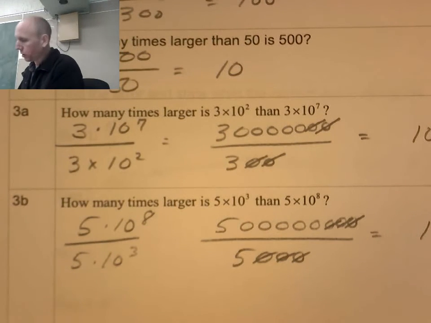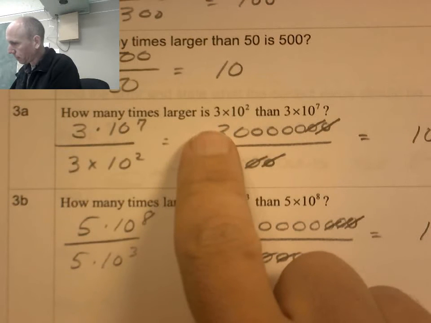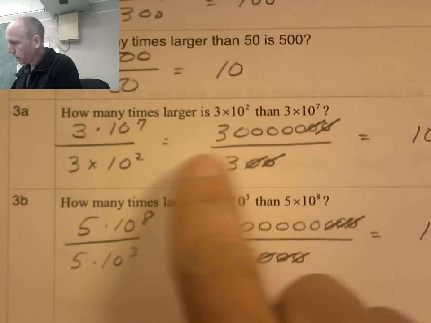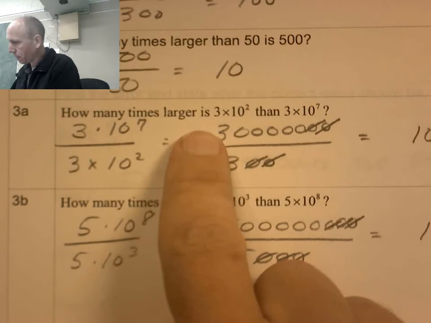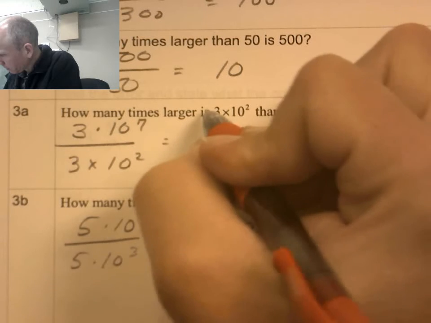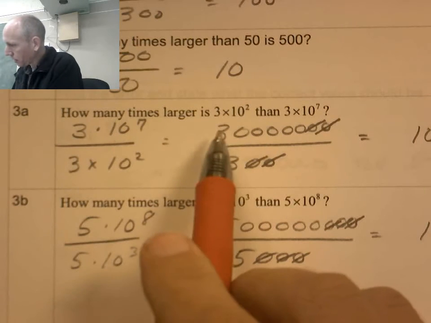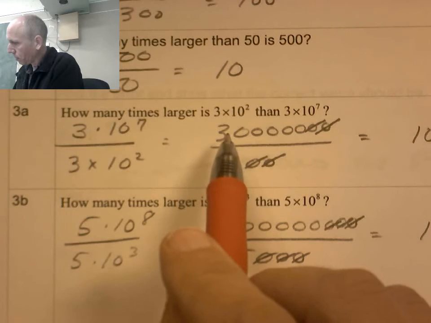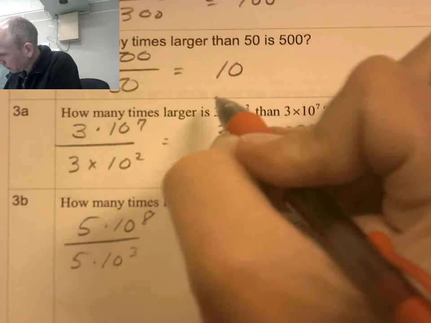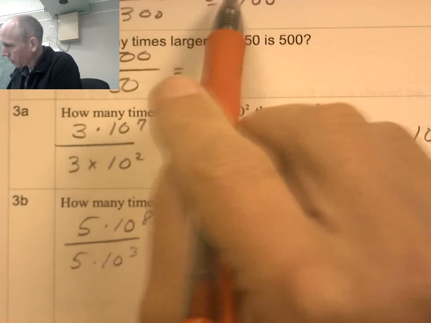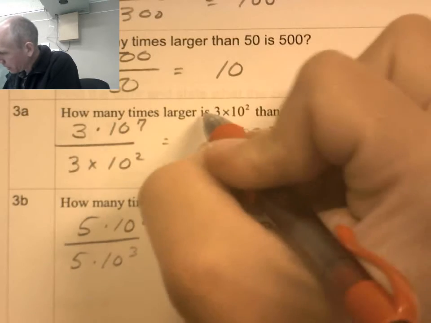How many times larger is this than 3 times 10 to the second?